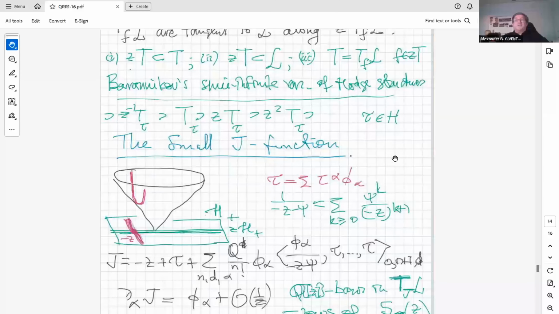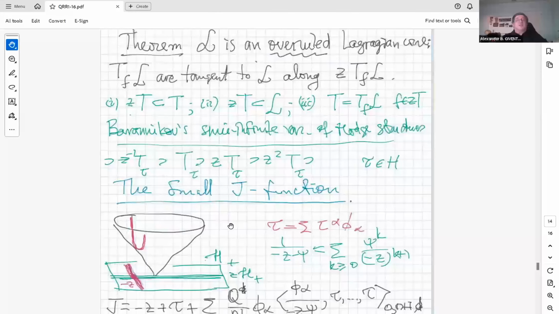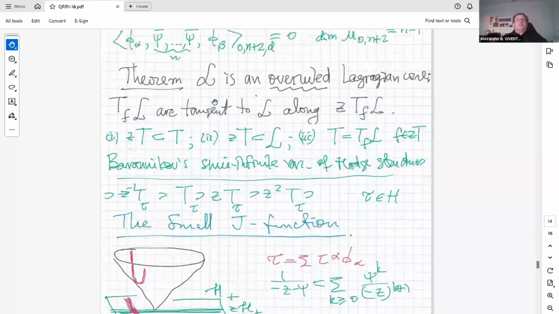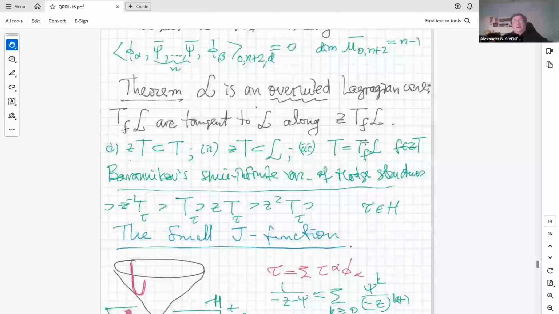Now we are in business, because it turns out that this infinite system of partial differential equations is actually captured by this property: that L is an overruled Lagrangian cone such that its tangent spaces are tangent to it along z times the tangent space, and that's all. There is nothing else there. And now it is formulated in the same language as our transformations that connect L and L bar.